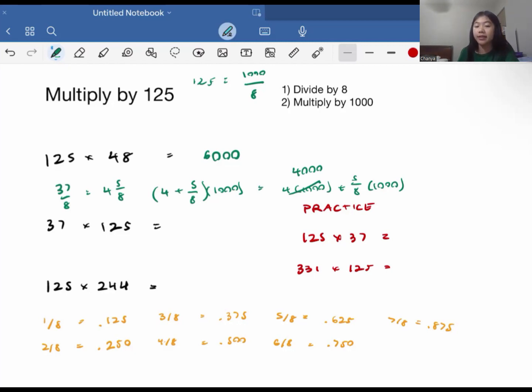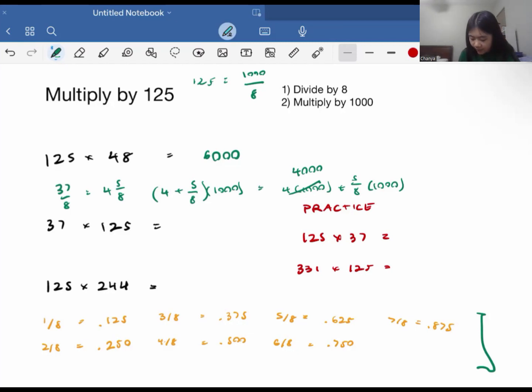For this trick and for many other problems as well, I highly recommend you memorize this table down here. This is the decimal representation of fractions that are a multiple of 1/8. I highly, highly recommend you memorize these fractions.